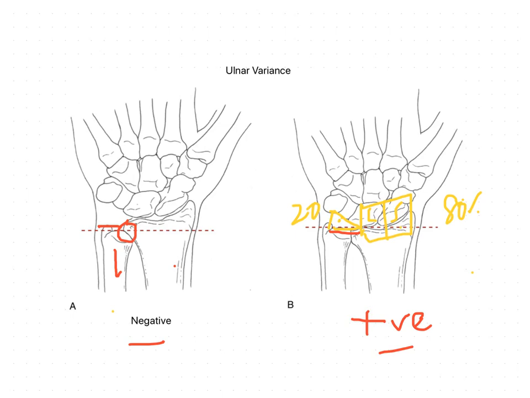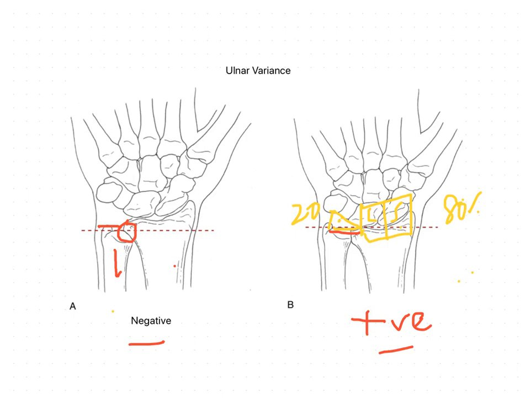Okay, so normally this kind of positive ulnar variance can be seen in a distal end fracture of the radius which has healed in a shortened position. Whereas in the negative variance, because of such kind of derangement, the amount of load taken up by all these bony structures becomes abnormal.